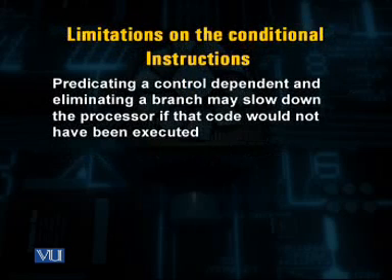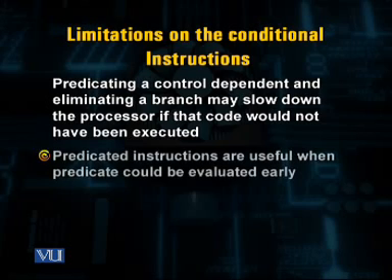Furthermore, predicating a control dependence and eliminating a branch may slow down the processor if that code would not have been executed, and the predicated instructions are useful when the predicate can be evaluated earlier.